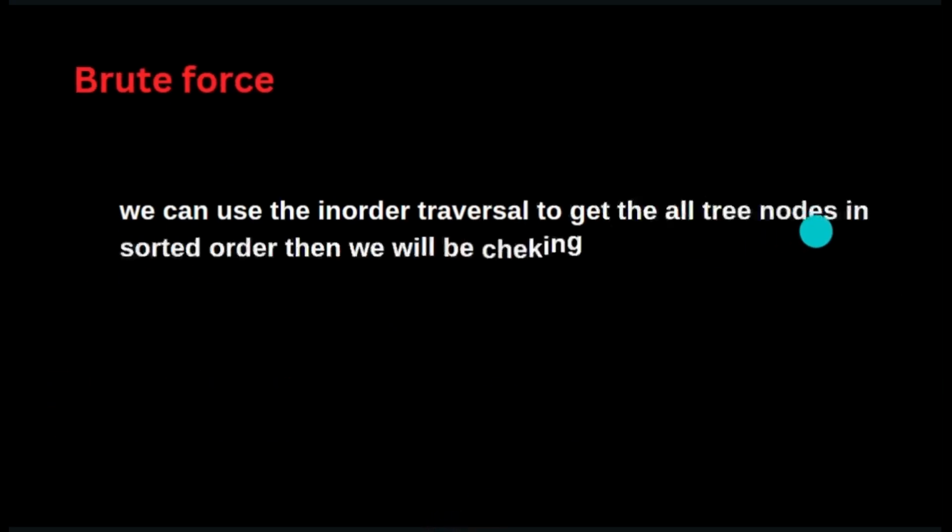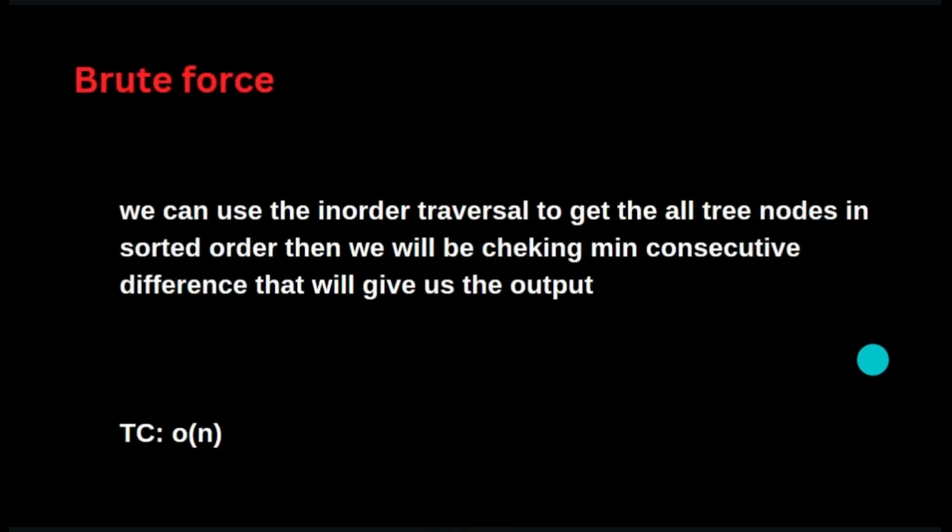So let's think about the solution. How can we solve this question? For the brute force solution, we can do the in order traversal and get all the nodes in sorted order. This gives us the sorted version of the binary search tree.